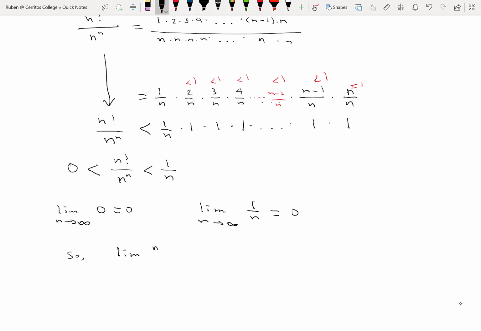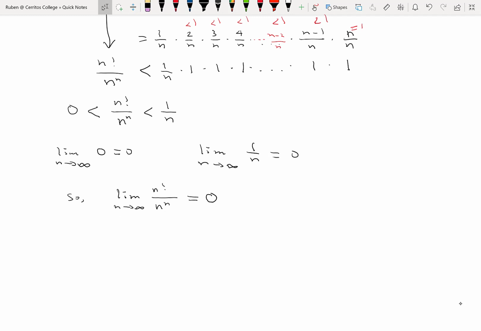So the limit of n factorial over n to the n as n approaches infinity, the only possible value of that limit is 0. I have the general term of my sequence trapped between 0 and something that approaches 0. So the general term of my sequence is squeezed in between. There's your hint of what we're using from Calc 1, is squeezed between those two values. So it must approach that common value of 0.